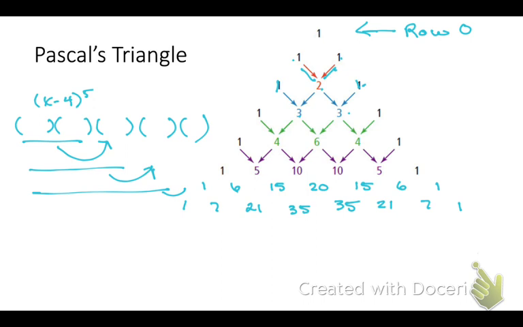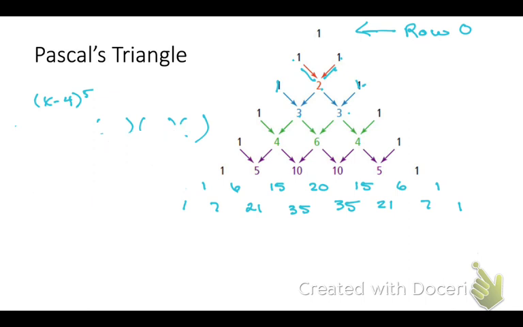So if I have x minus 4 to the 5th, I go to the 5th row. So I start at what row? Not the 5th, I started at 0.